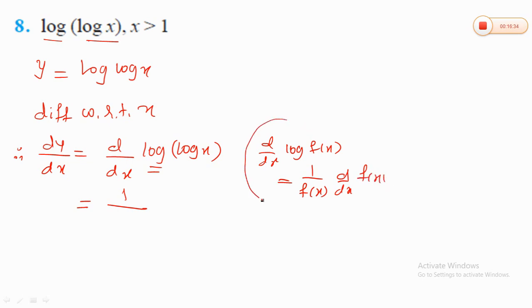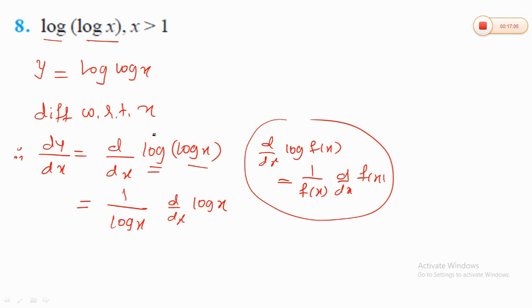Remember this one, 1 upon log. So for log of log x, the derivative is 1 upon f(x), and here f(x) is log x. Then after differentiating this log, f(x) is log x, so differentiate log x. Take care while solving this. I will explain once again.